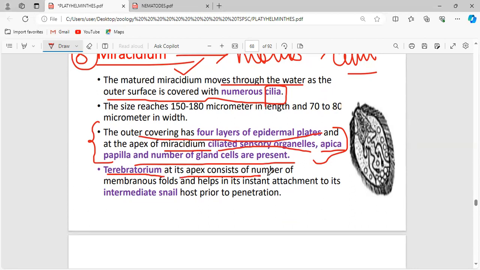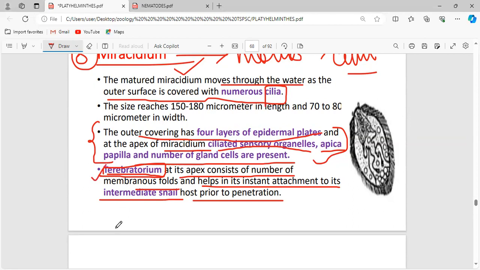The terebratorium at its apex consists of a number of membranous folds and helps in its instant attachment to its intermediate host prior to the penetration. So what is the name of that structure which helps the miracidium to attach to the intermediate host, that is the secondary host, the snail? It is the terebratorium. The terebratorium is a structure like the suckers and hooks present in Taenia solium.